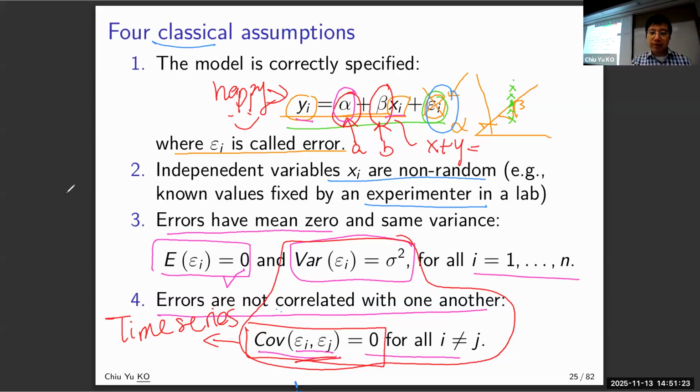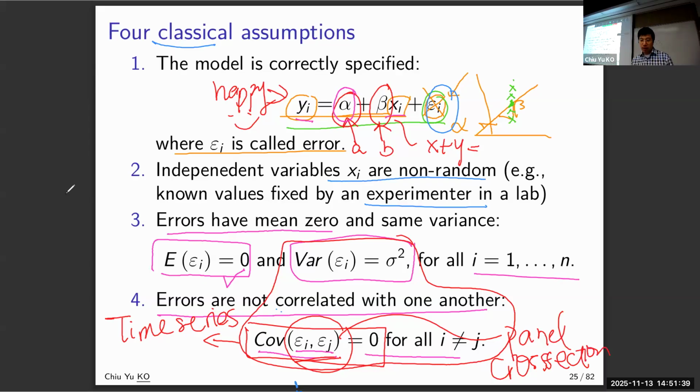So usually this is called panel or cross-sectional data. They're correlated. So again, panel or cross-section are already 2 different classes you can take for a whole semester.